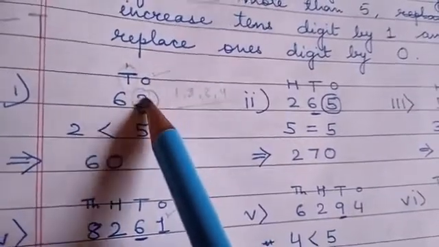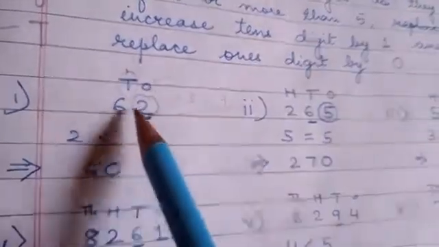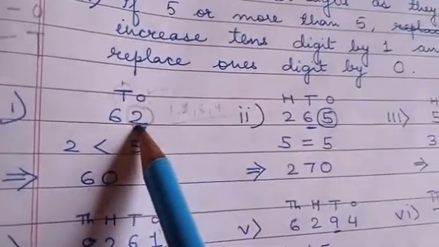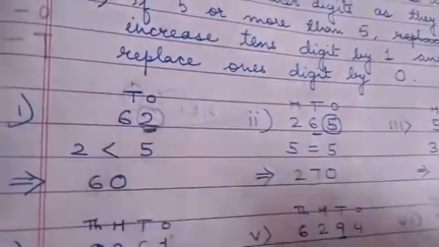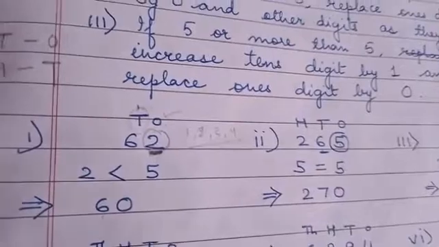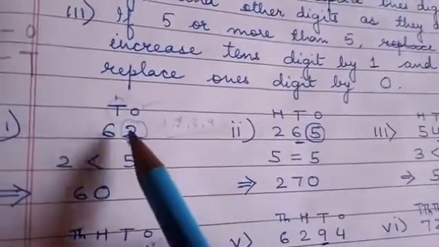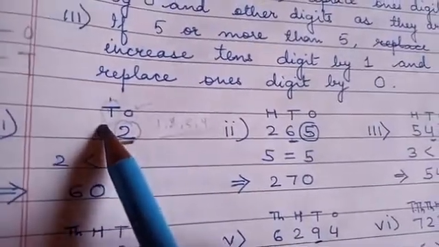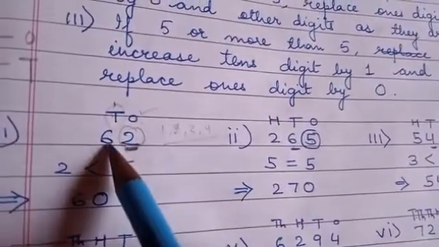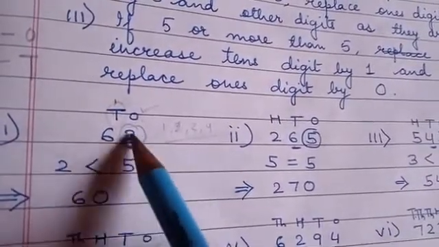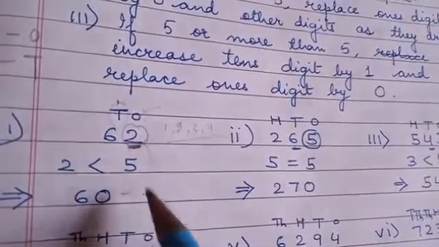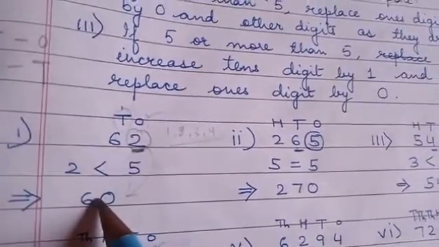This is the ones place, so 2 will be replaced by 0. Why? Because 2 is less than 5. And 6 will remain 6. So 62 becomes 60.